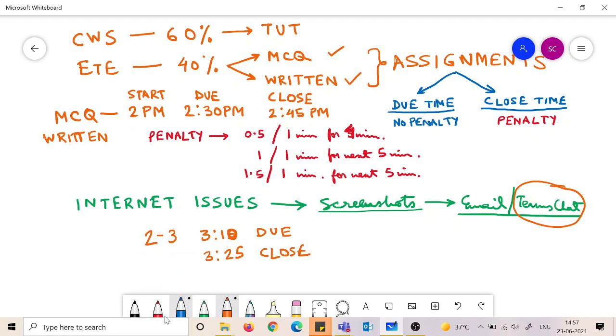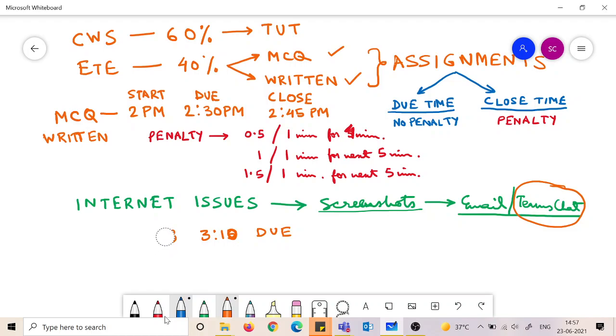Understood? So you will see that in the assignment the due time is 3:10, but in the paper you will see that the paper duration is 1 hour. Similarly, the paper duration can be 45 minutes and the due time will be at the 1 hour mark.